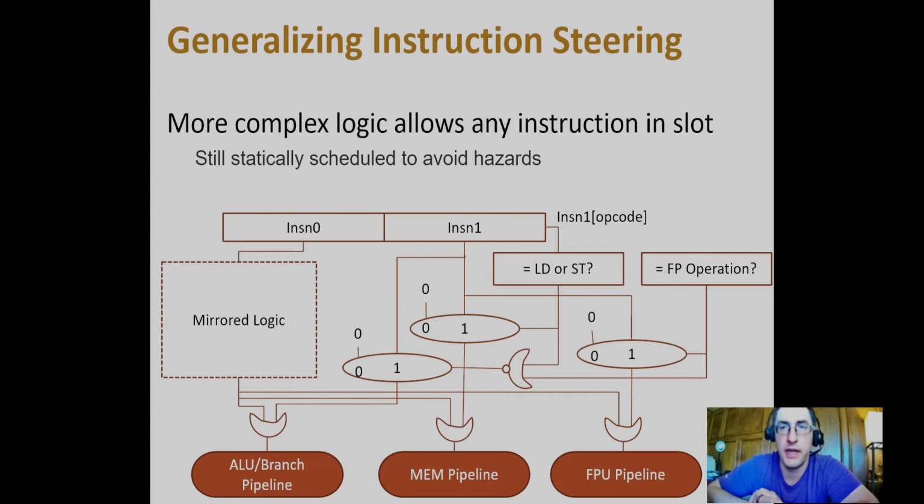We still can't have two ALU branch instructions in the same issue packet. We can't have two mem instructions in the same issue packet because we only have one of each of those pipelines. So we're still going to statically schedule our instructions in order to avoid hazards, but we can use this steering logic to pick where in the hardware it goes.